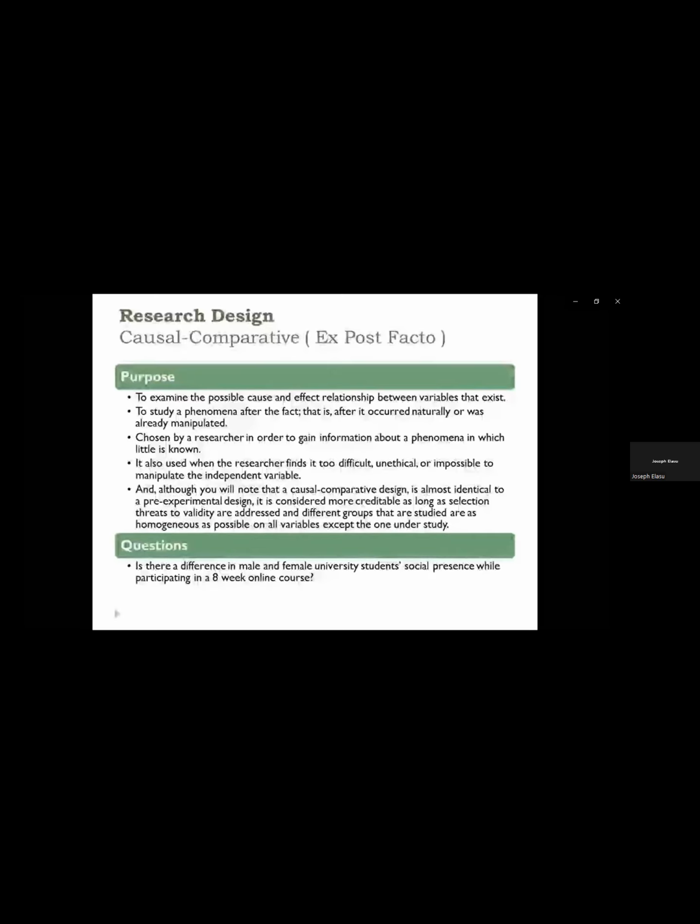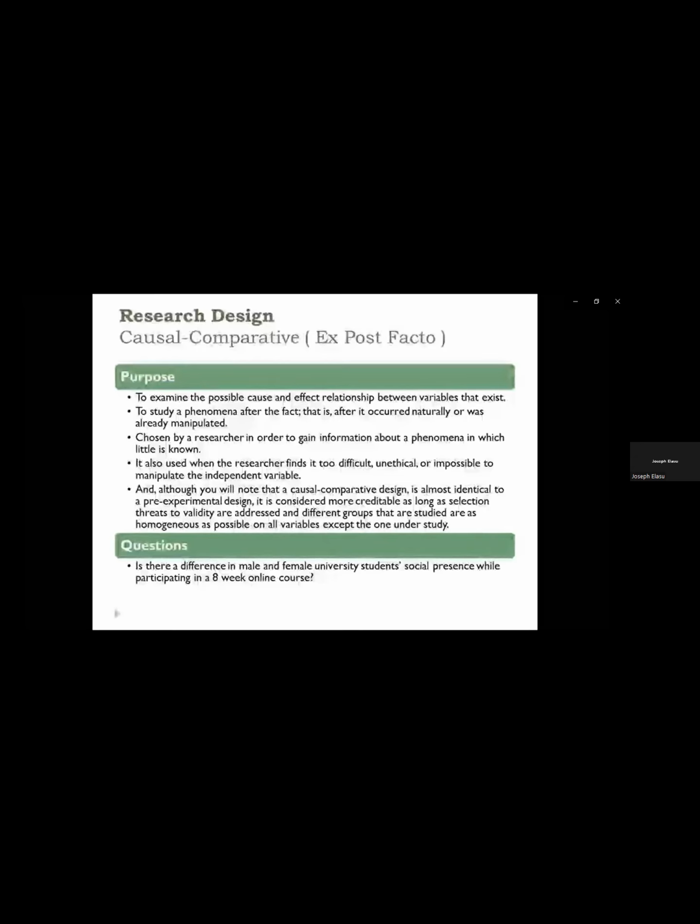If you as a researcher wanted to examine individuals that smoked versus individuals that didn't smoke, that has already happened. They've already chosen that behavior. Another example would be an intervention that is naturally occurring within a school system and is not occurring in another school system. You want to study something that's already been implemented.